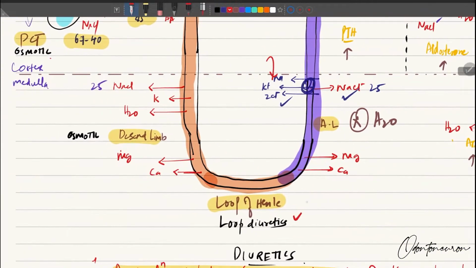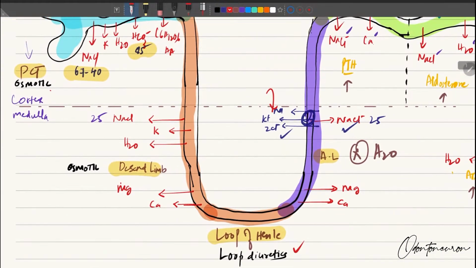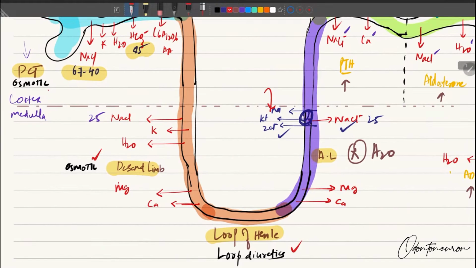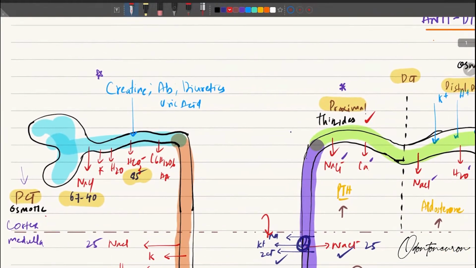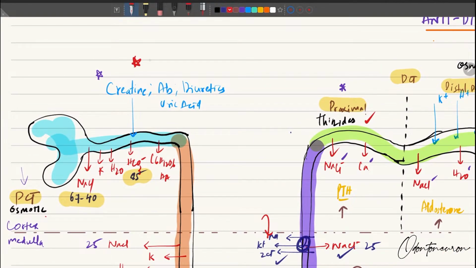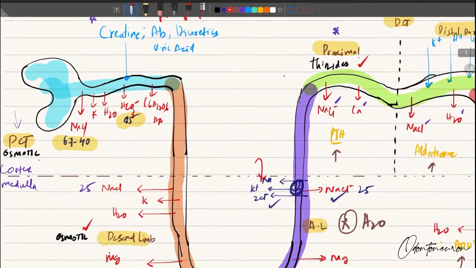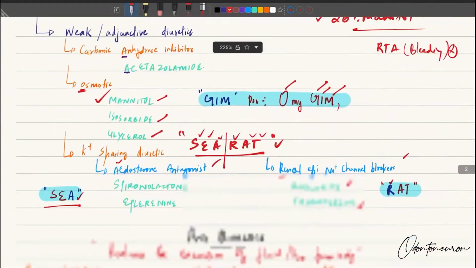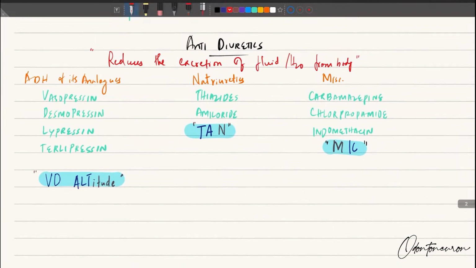Loop diuretics act on the loop, and in the descending limb osmotic diuretics act, and this area is where acetazolamide, the carbonic anhydrase inhibitor, acts. So that's about your diuretics.